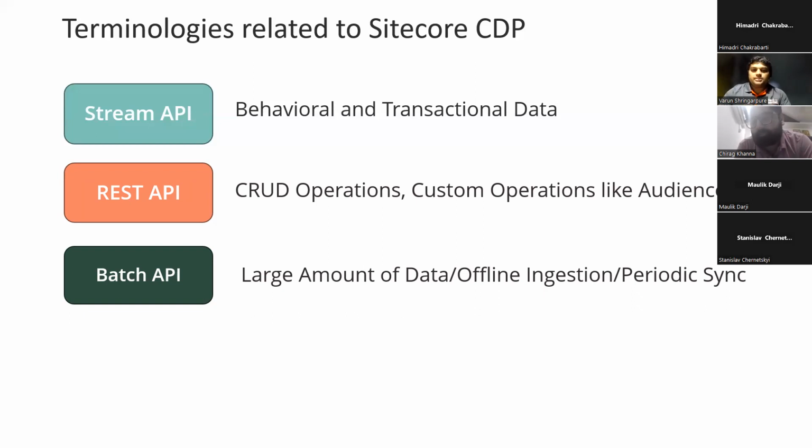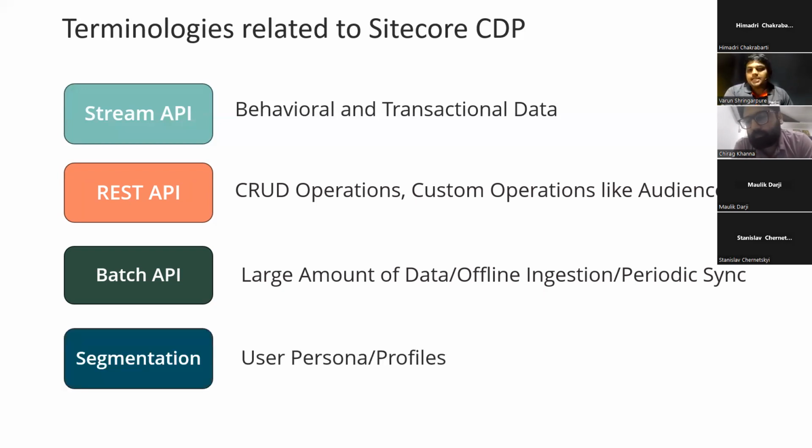Then batch API is what technically is being considered here. And as Chirag mentioned some time back, batch API generally is kind of a nightly build process, and it's not real time. It's a scheduled job which happens, and this particular data is available in CDP.